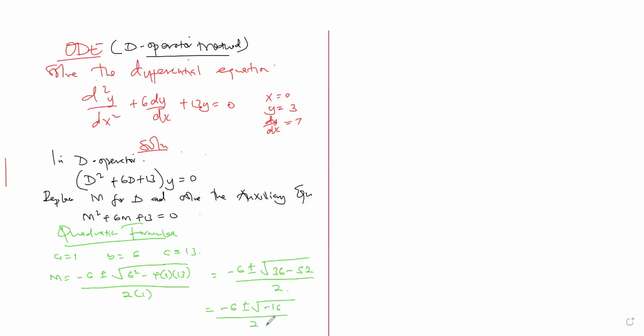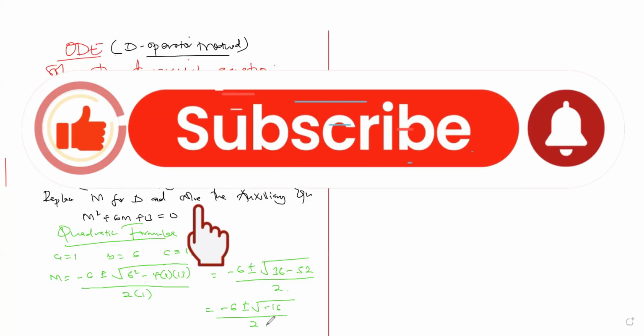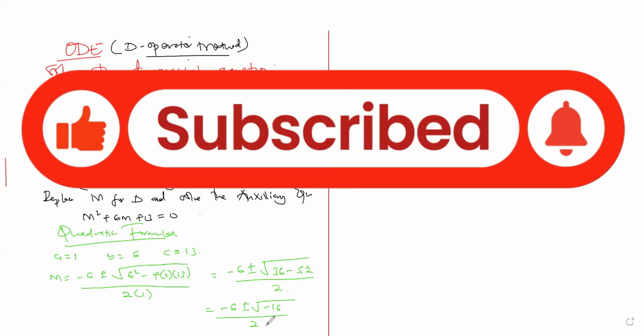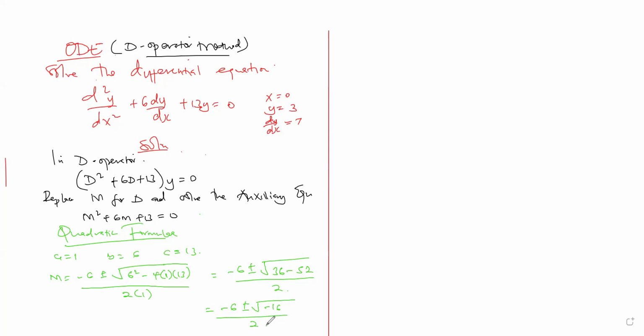Now notice something here already. You're having a negative number inside a root. Anytime you have a negative number inside a root, even when you key it in on your calculator, it gives you a math error, because especially with an 82ms calculator, you cannot really get the actual value.